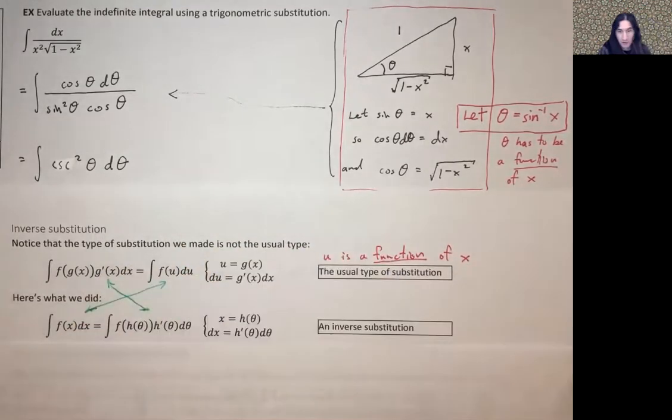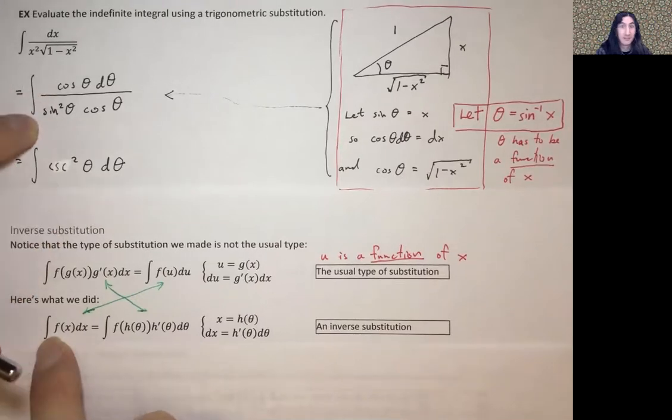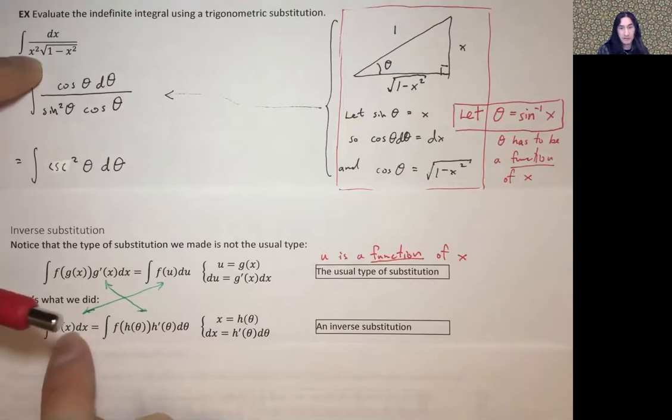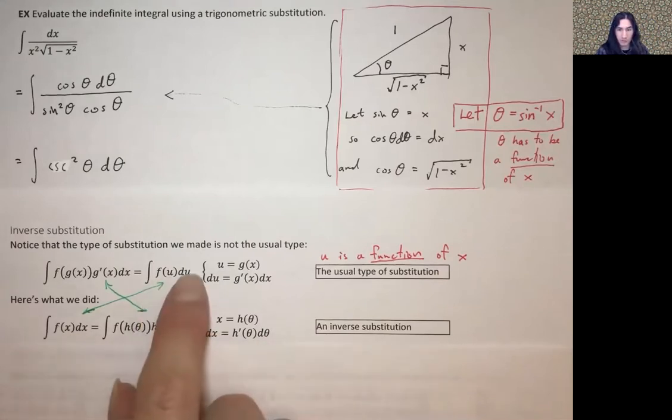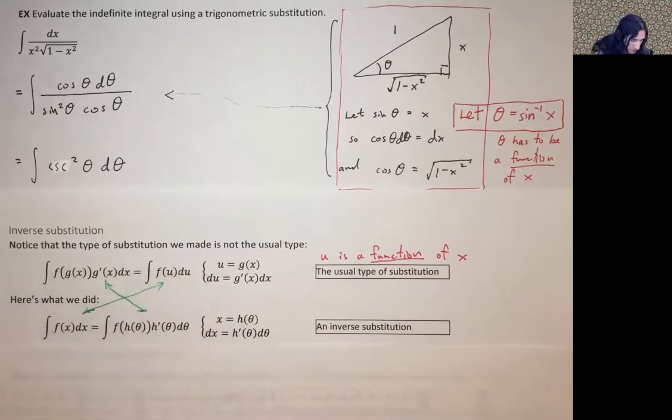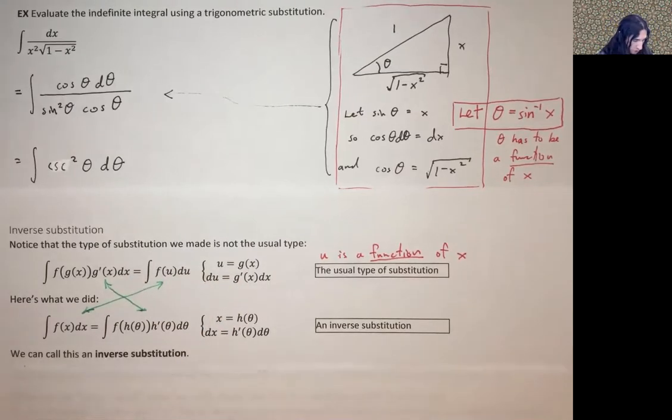Okay, so actually the u in this example is not theta. The u in this example is x, if you're thinking about a normal u substitution. Okay, so we're reversing. We're going backwards through an equals sign in the theorem of u substitution to make this happen. So that's one part of the reason for the name inverse substitution.